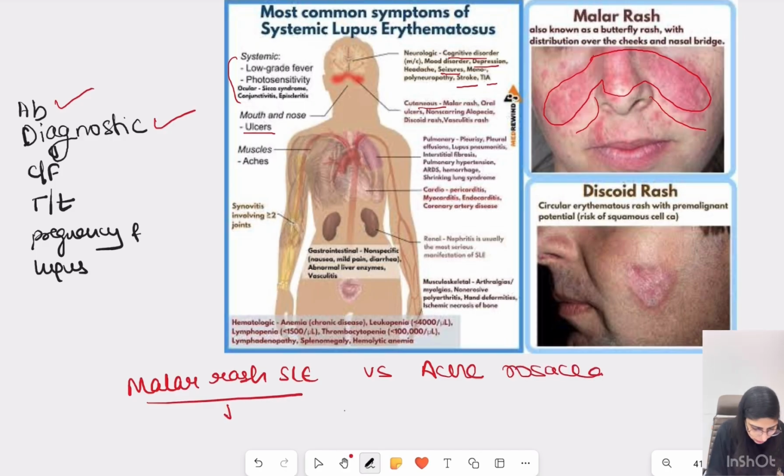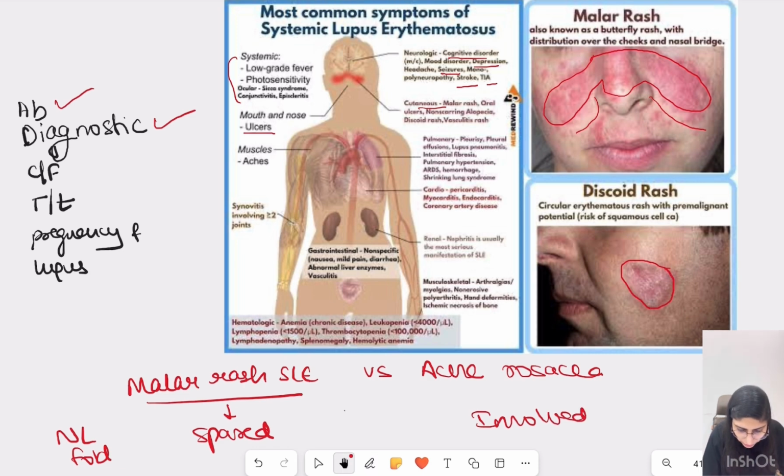That also looks a little bit similar, but in SLE the nasolabial fold is spared, and in acne rosacea, that is involved. And can you see how a discoid lesion is there, and the little scales on this? Gives it a look of a carpet. So this is known as a carpet tack sign. This is a chronic cutaneous finding, chronic cutaneous lupus, DLE, discoid lupus erythematosus.